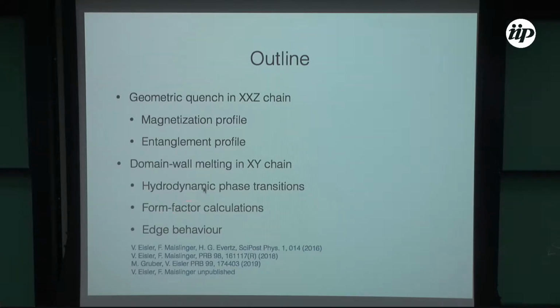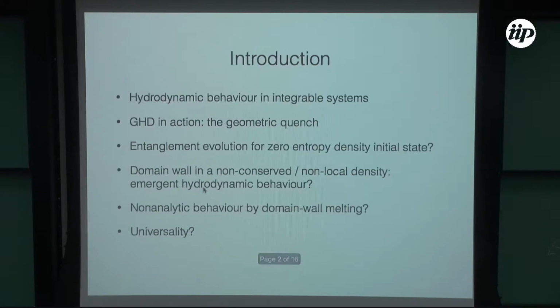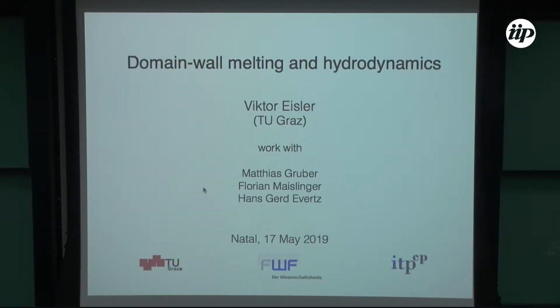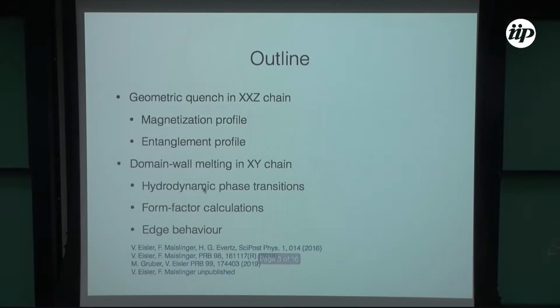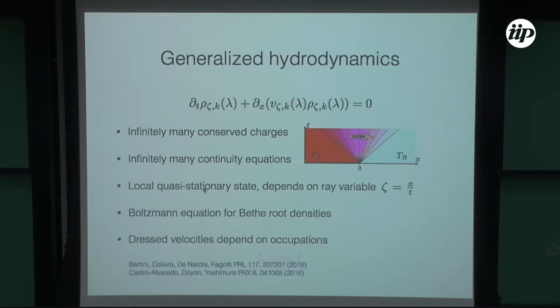Then I will present the results of some form factor calculations for these specific types of domain walls, and show you how a hydrodynamic behavior could emerge also in this case. And I will also discuss a bit the edge behavior. So these are essentially results taken from several papers, some of them still unpublished. So let's start with this slide.